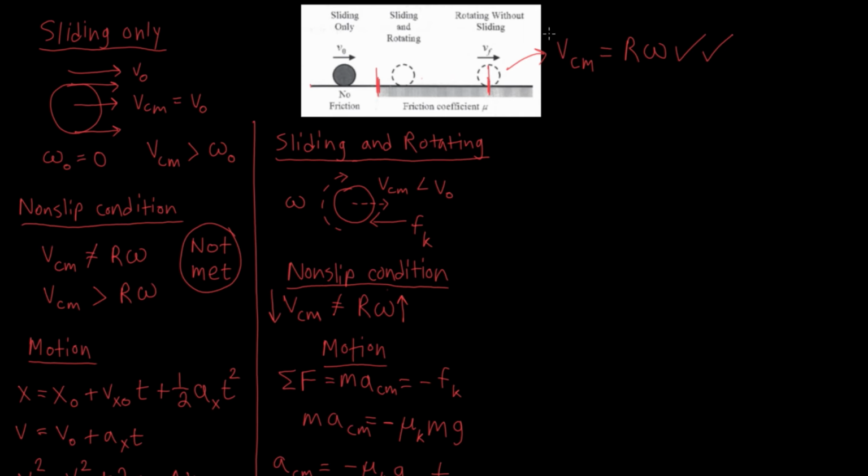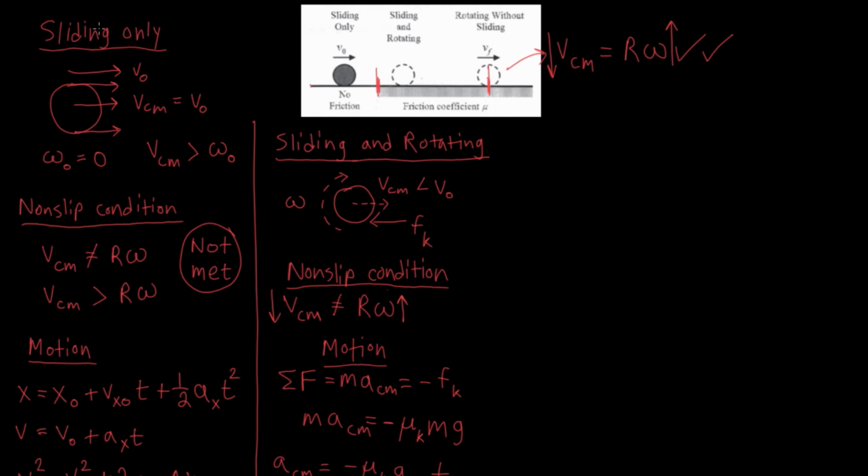So since the non-slip condition is satisfied, that means that the velocity of the center of mass has successfully decreased enough, and the angular velocity has successfully increased enough, and what caused this was the force of kinetic friction.